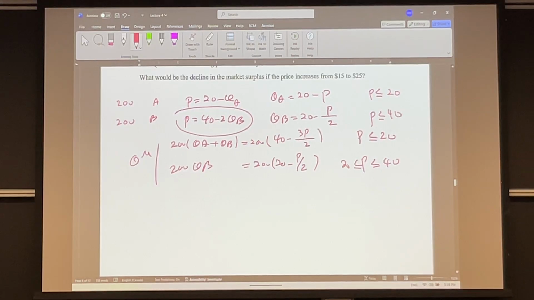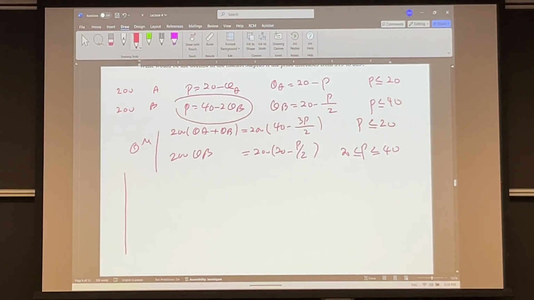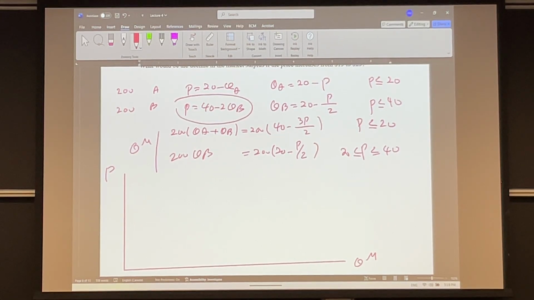And then you have to graph it. That is the market demand. What's the highest price in the market? 40. What's the highest quantity in this market? That's when the price is 0.